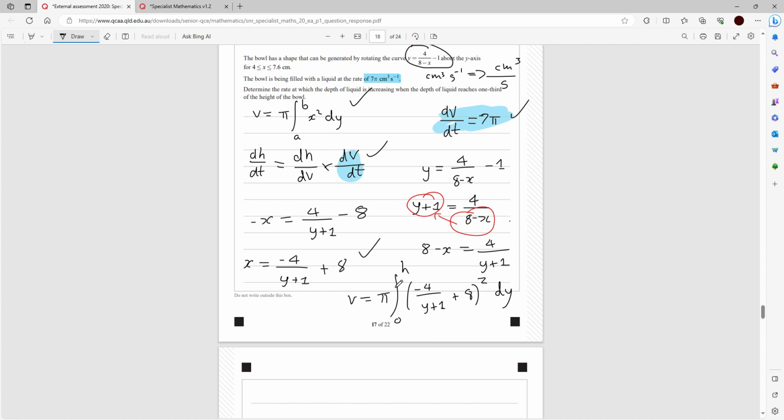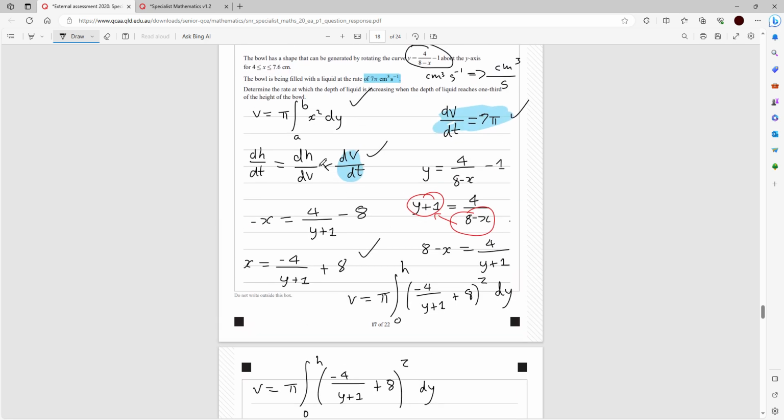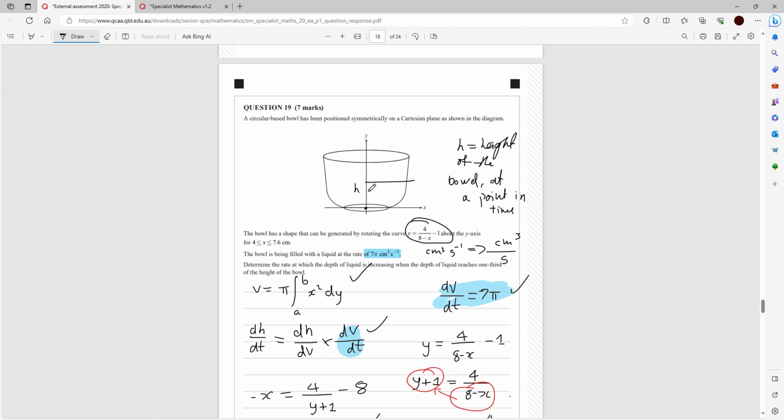If you've done that, you've already made a mark. So I'll rewrite it down here so you can see it quite clearly. Volume is pi integral from 0 to h of minus 4 on y plus 1 plus 8, all squared, dy. Okay. Now remember, we're looking for dh dV. Now the h is the height at a particular point in the bowl.